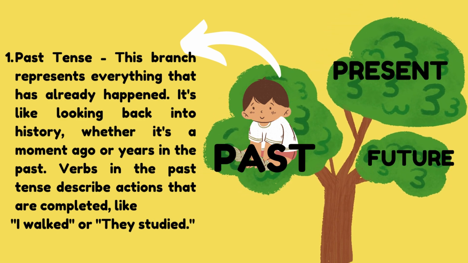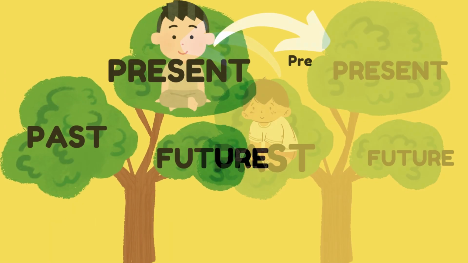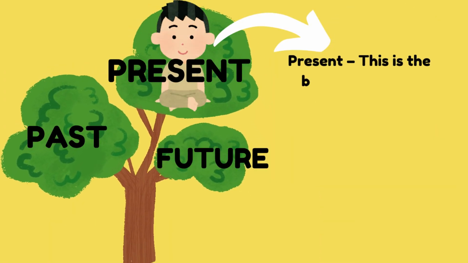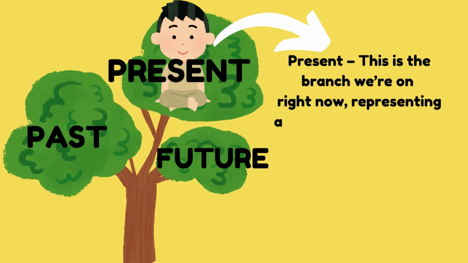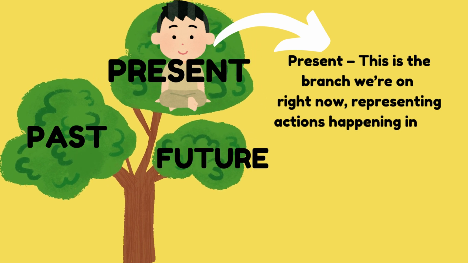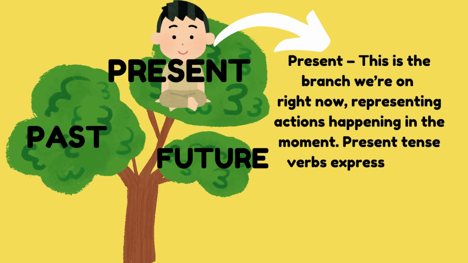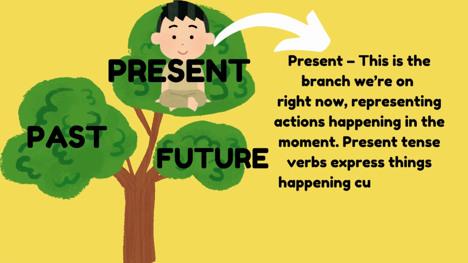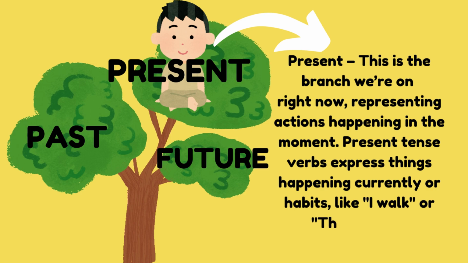Now let's talk about the next branch, that is the present. This is the branch we are on right now, representing actions happening in the moment. Present tense verbs express things happening currently or habits, like I walk or they study.